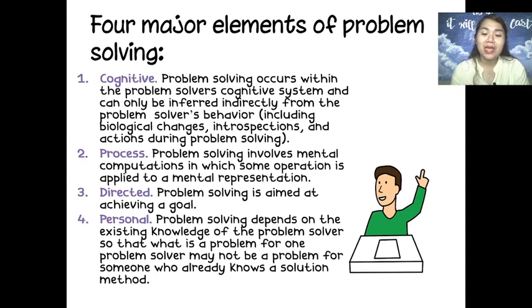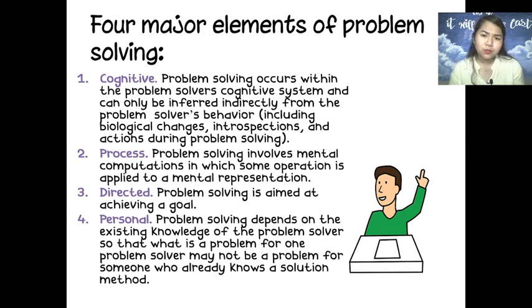Problem solving depends on the existing knowledge, prior experience, prior knowledge of the problem solver so that what is a problem from one problem solver may not be a problem for someone who already knows a solution or method. Okay, so personal, it could be na-experience mo na yung problem. So, more likely kapag encounter mo ulit yung problema na yun, hindi na siya naging problema sa'yo.